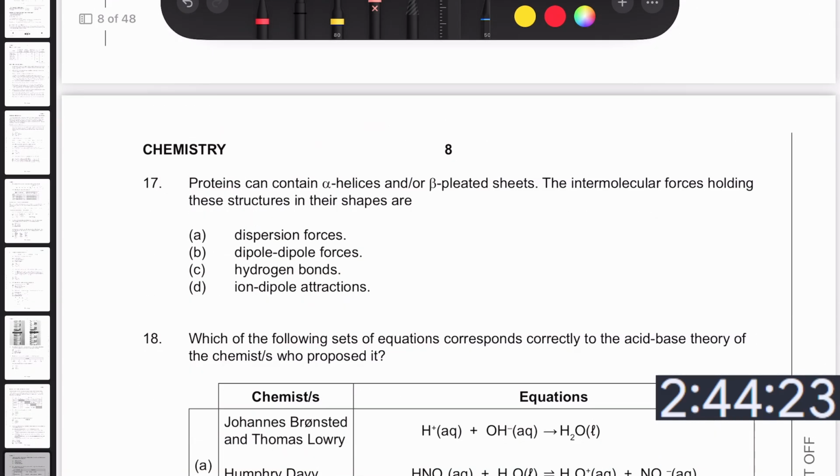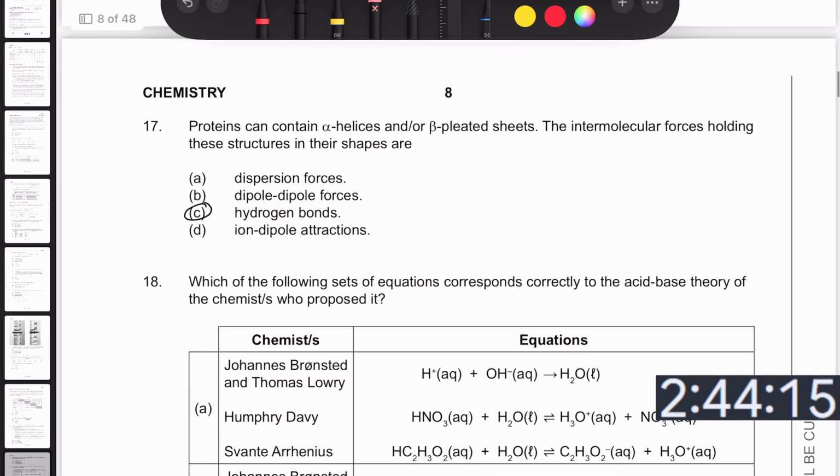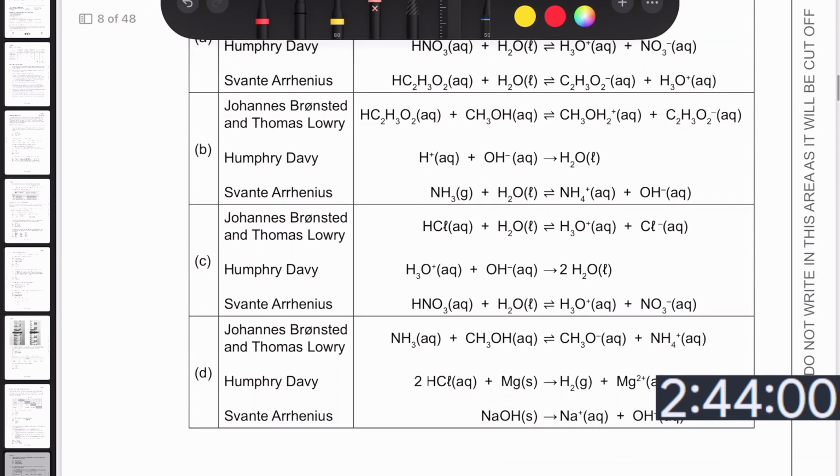Proteins can contain alpha helixes and or beta pleated sheets. The intermolecular forces holding these structures in their shapes are hydrogen bonds. Which of the following equations corresponds correctly to the acid-base theory of the chemists who proposed it? So Arrhenius predicted that they produce H plus or OH minus.